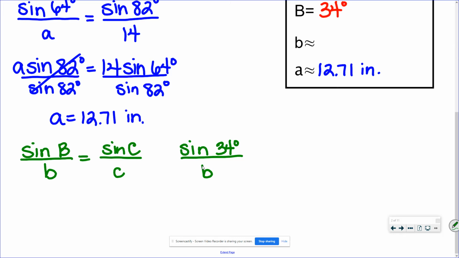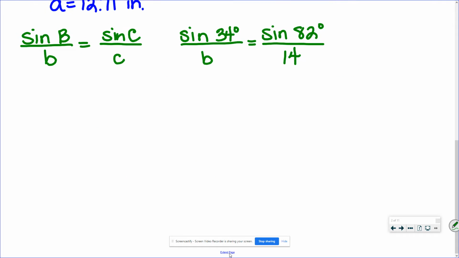We don't know the side length measurement for B. Sine of C is, no, that's not right, 82 degrees over 14. Cross multiply, and you get B times sine of 82 equals 14 sine of 34.